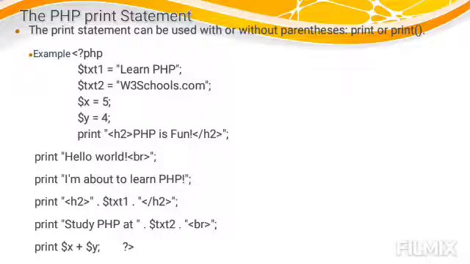We can use print with or without parentheses, as with the echo statement. Print hello world. Here hello world is printed on your document area, and here also we can use the comma and dot operators for the above purposes. To concatenate strings into one string, we use the dot operator.